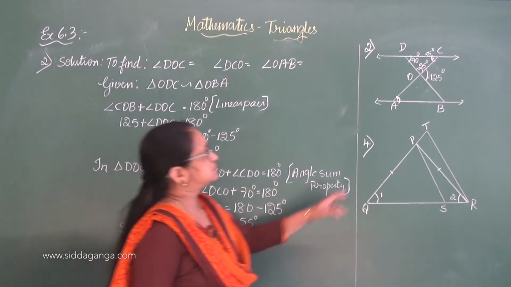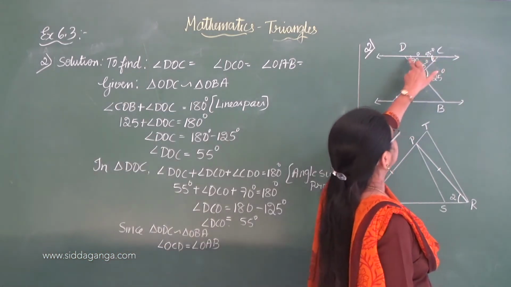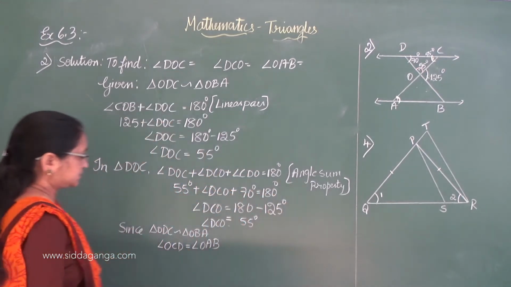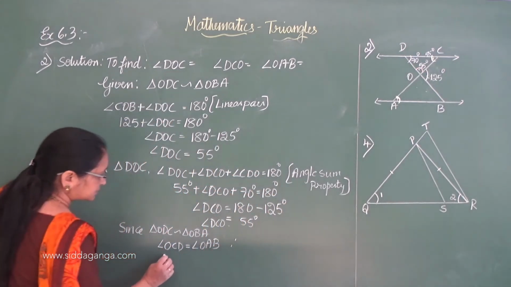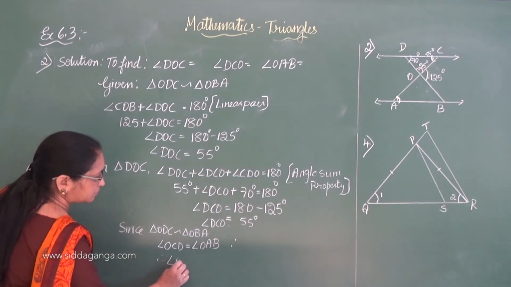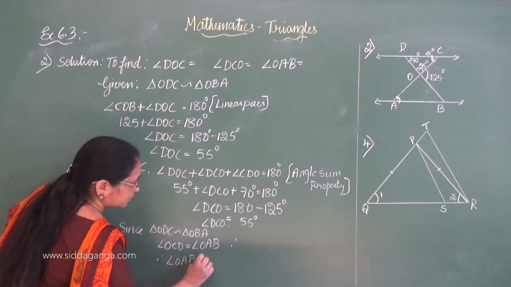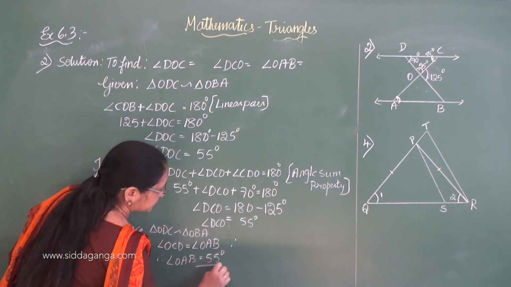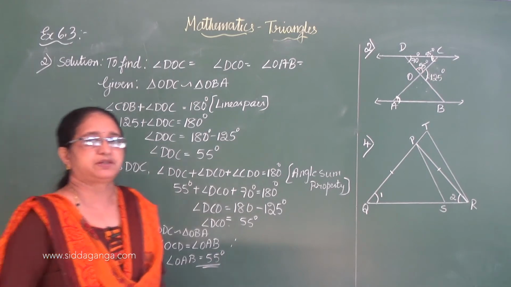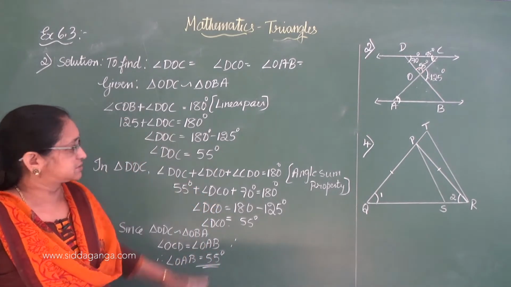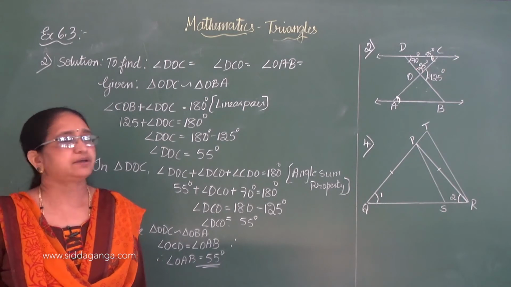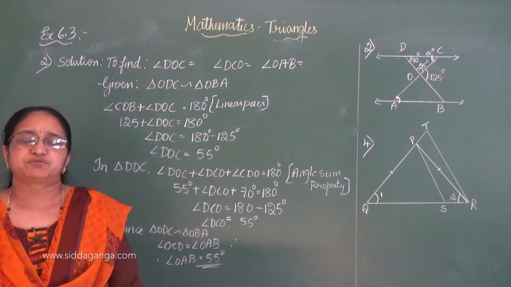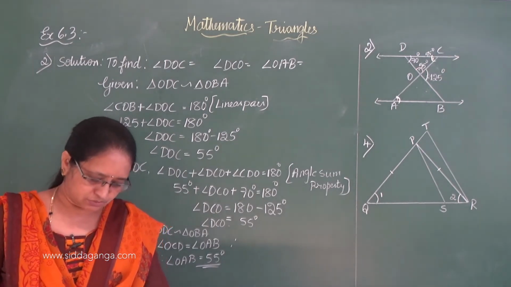OCD is how much? 55 degrees. Therefore, you can write here, angle OAB is equal to 55 degrees. It's very simple, but the procedure is long and lengthy, that is it. I hope you followed.